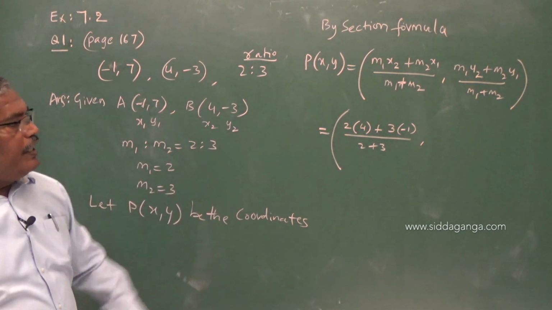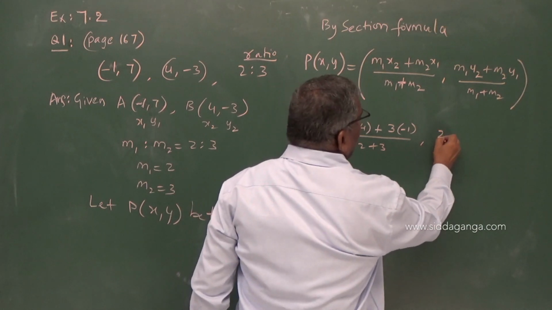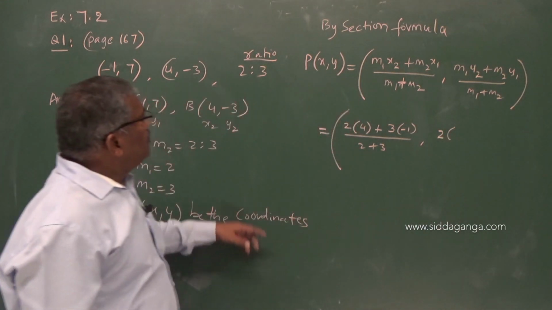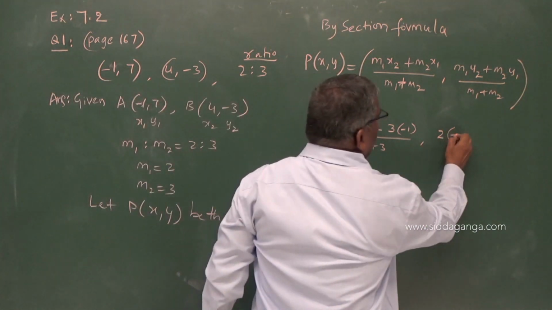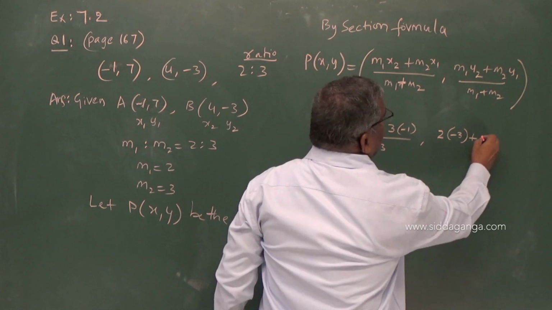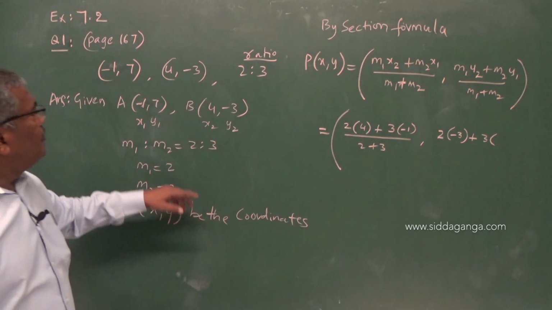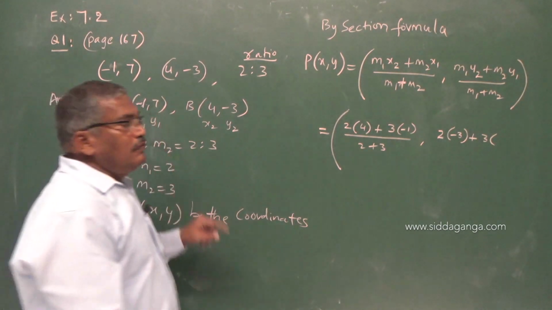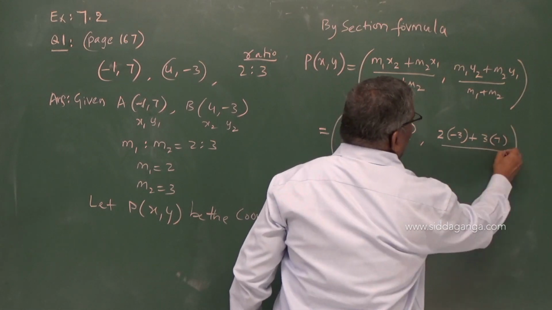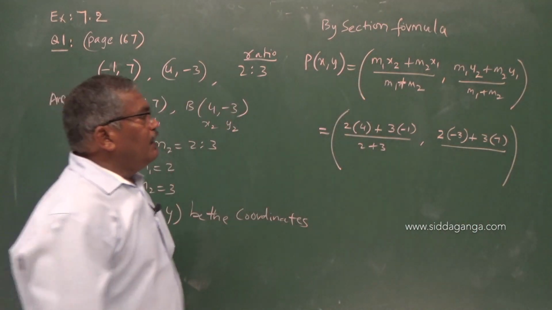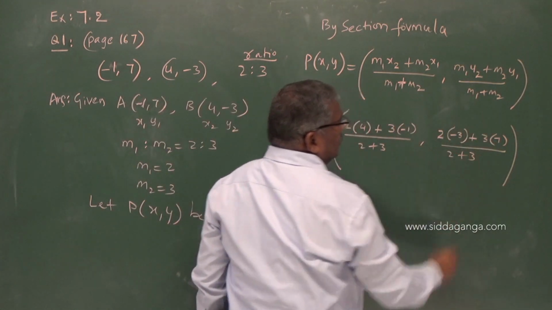This is the x coordinate. For the y coordinate, m1 is 2, y2 is minus 3, plus m2 is 3, y1 is 7. In the substitution of values you have to be very careful. In the denominator you will get the same m1 plus m2, 2 plus 3.